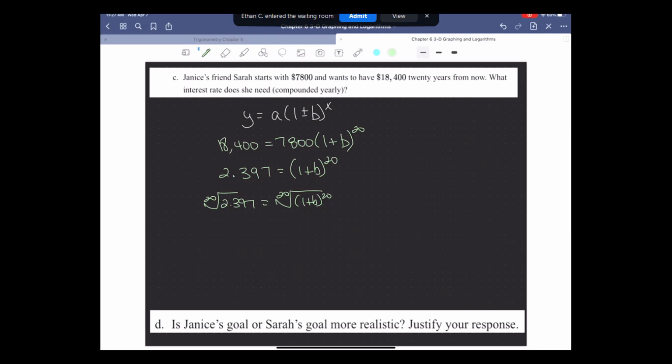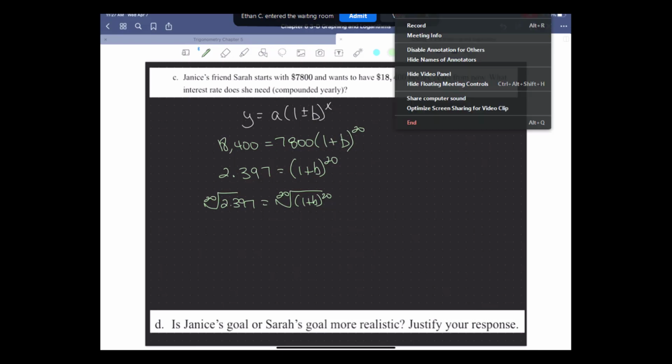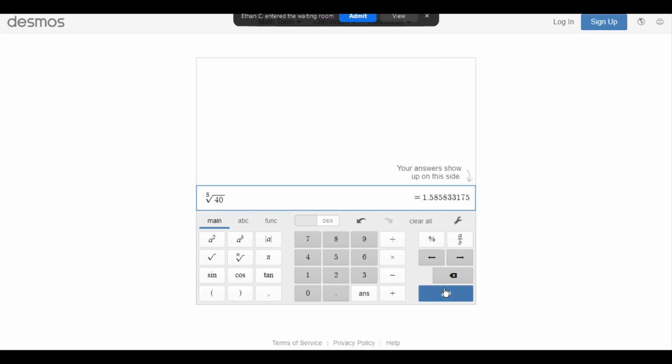I'm going to do it in decimals. So we want the 20th root of 2.397, which is 1.045.